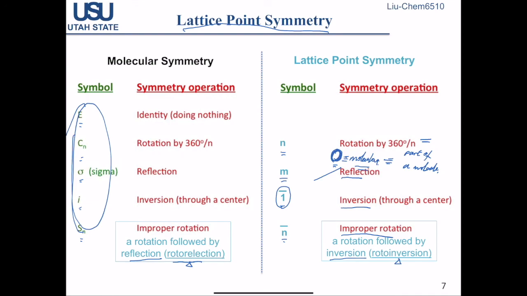But the other three have the same meaning but different symbols. We don't use E here for lattice point symmetry. Even though we still have it, we don't consider it. There's no need to consider identity for lattice point symmetry.